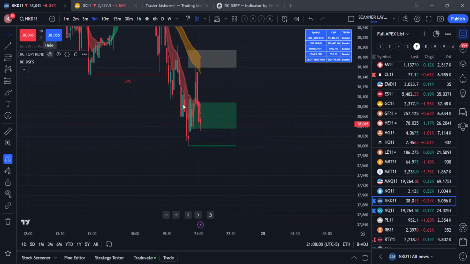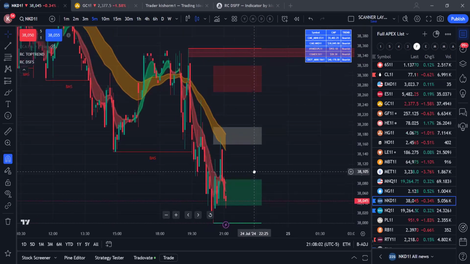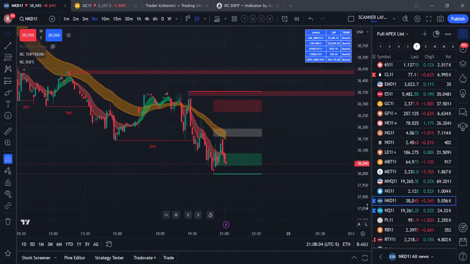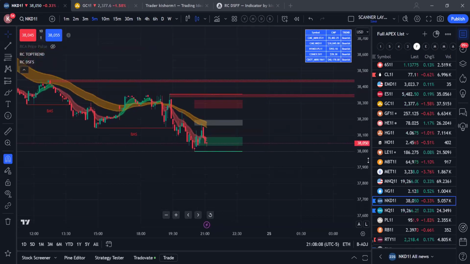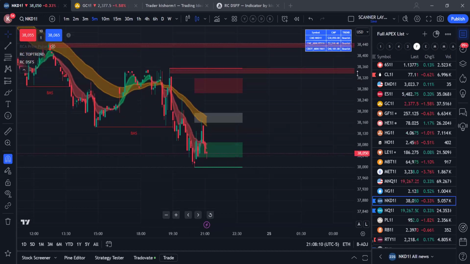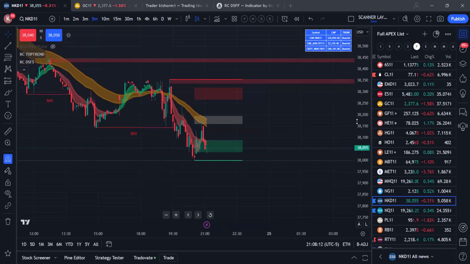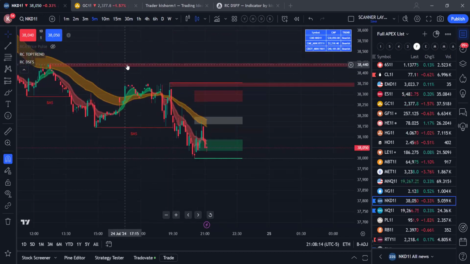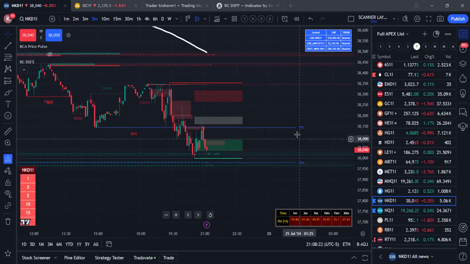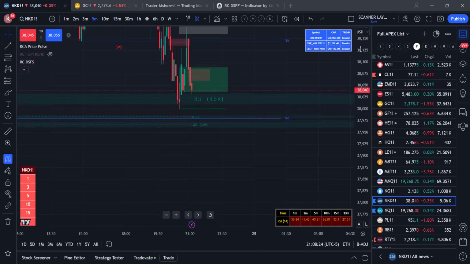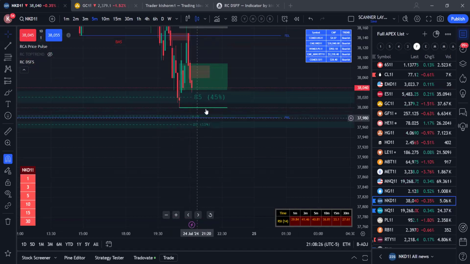Then let us also look at top trend. Based on the top trend, we don't have any support. We have resistance here, but we don't see any strong support from the top trend. Only price pulse is showing a buy order block.